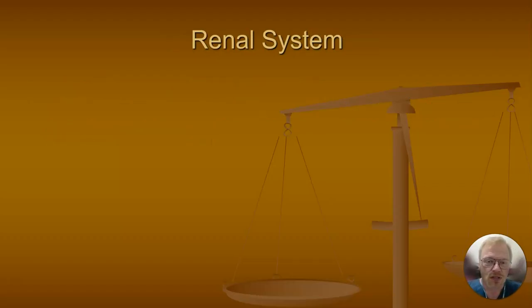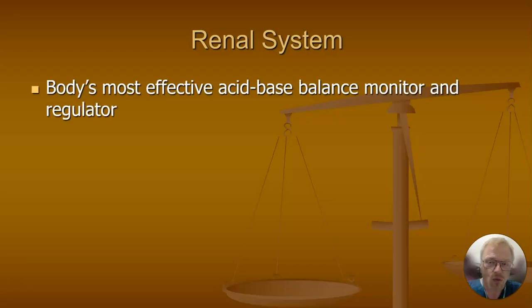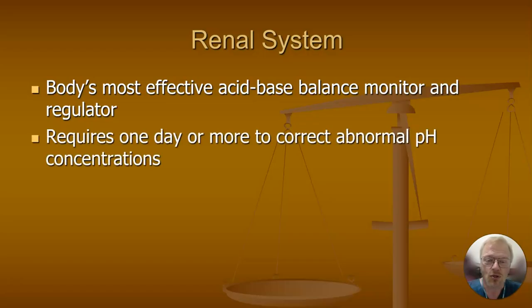And the third system is the renal system. Now, the renal system is the most effective acid-base balance regulator in our body. The problem is, it's also the slowest. It can take a day or more for the renal system to correct an abnormal pH concentration.